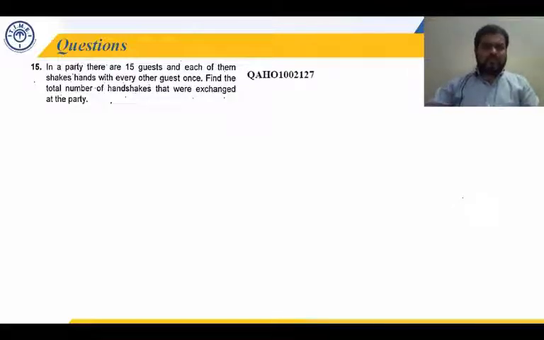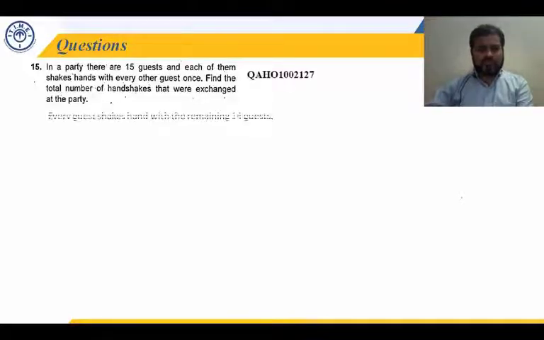So we don't know anything about it, right? So let's do the plain counting. Let's go about this question in this way. Every guest shakes hand with the remaining 14 guests. There are 15 guests, right? Suppose we are talking about 3 guests A, B, C. If you take the guest A, then A is shaking hands with the remaining 14 guests. Similarly, B will also shake hand with the remaining 14 guests.